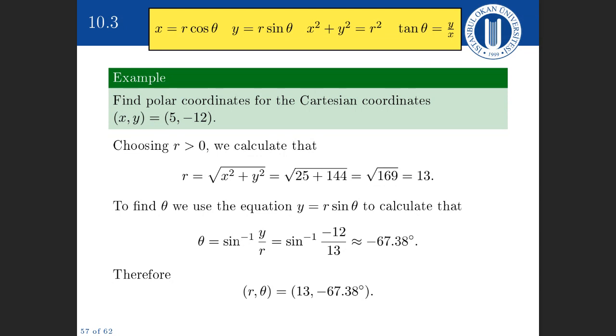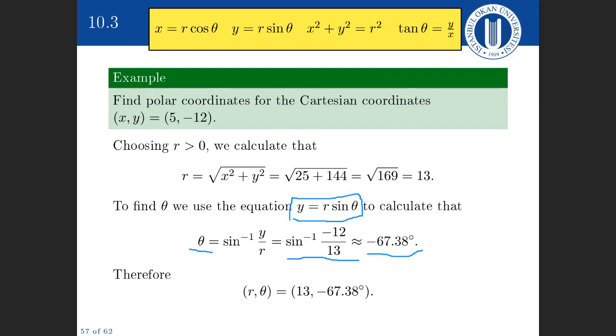Next, we need to find a theta, and this time I'm going to use the equation y is equal to r sine theta. Rearrange that. Theta must be inverse sine of minus 12 over 13, and if you have a calculator, you find minus 67.38 degrees approximately. Now, it's easy to make a mistake here. It's easy to get the wrong angle, to be on completely the wrong side of the picture.